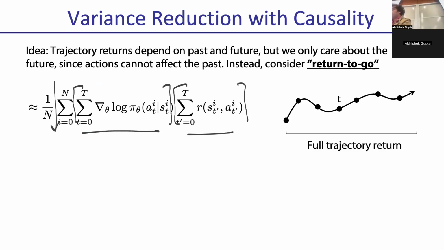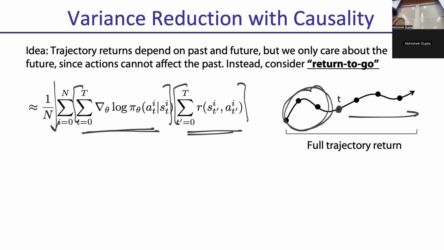But what this is doing is coupling the grad log pi's of the future with the past. It's saying I'm going to use the rewards of the past to also weight the outcomes of things in the future, because I'm summing up the whole trajectory and the whole trajectory.